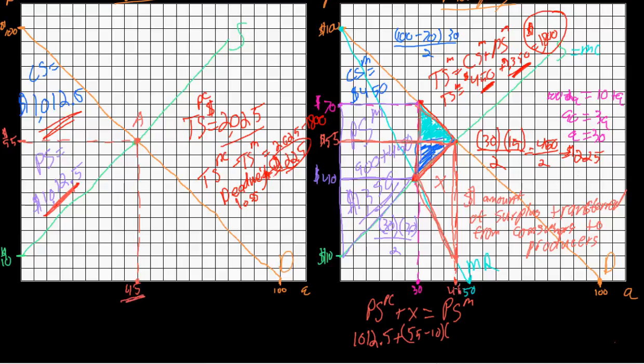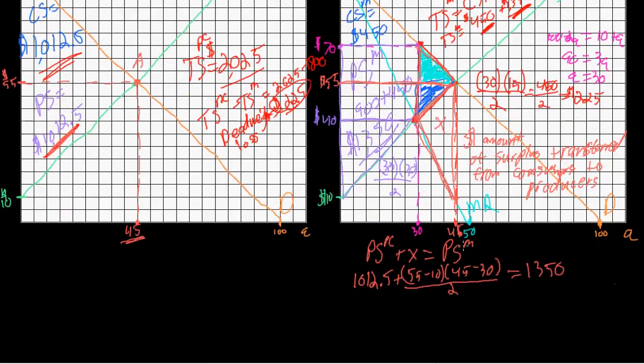That is 45 units of output. And I'm saying that that is going to be equal to the producer surplus in monopoly, which is 1350.